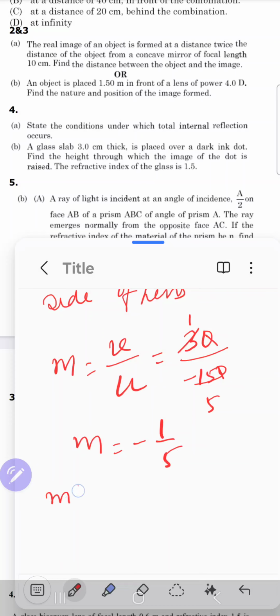So here the magnification magnitude is less than 1. When the magnification is less than 1, it means the image is diminished. If it is equal to 1, image and object size are the same. And if it is greater than 1, it means we have got a magnified image. So less than 1 means the image is diminished.